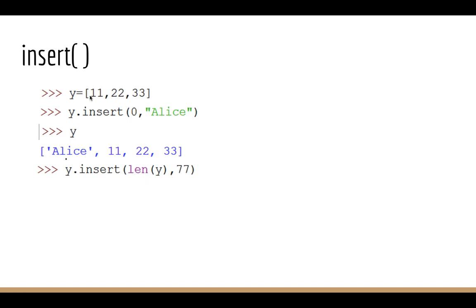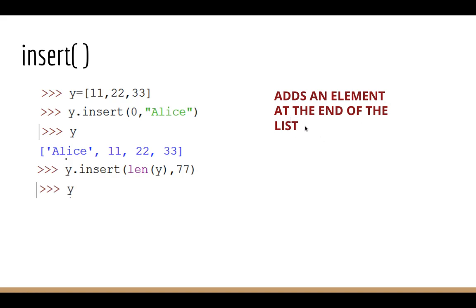The length of the list here is 4, meaning at the fourth index, 0, 1, 2, 3, 4, I want to insert the element 77. So if I do that, it will add an element at the end of the list. In order to see the updated value, just type in Y and press the enter key. Then I'll see a new list with the updated value as 77.